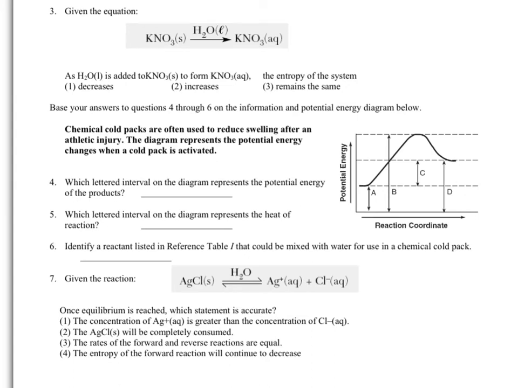Question number 3 is showing the dissolving of potassium nitrate. It begins as a solid potassium nitrate, and then it is placed in water where it dissolves. So when it's placed in water, what happens is you'll have the potassium nitrate that is surrounded by water.